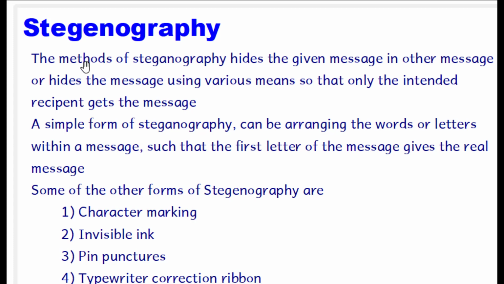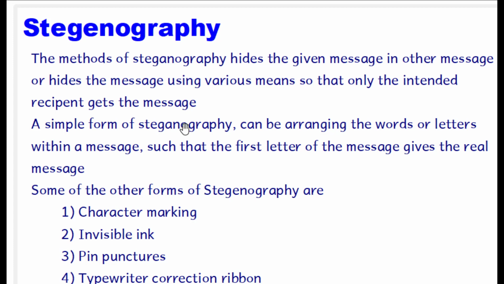The methods of steganography hide the given message in another message. The sender may send a message, but on reading that message, any adversary may not know anything, but the receiver knows how to get the actual message from it. So we hide the message using various means so that only the intended recipient gets the message.